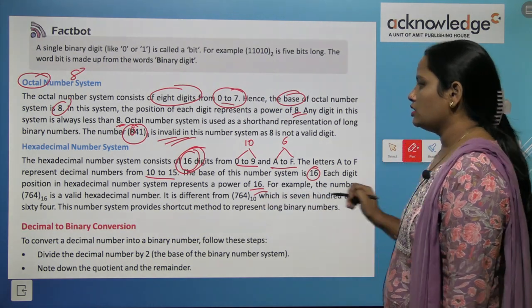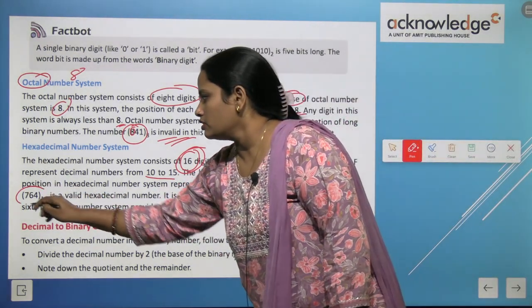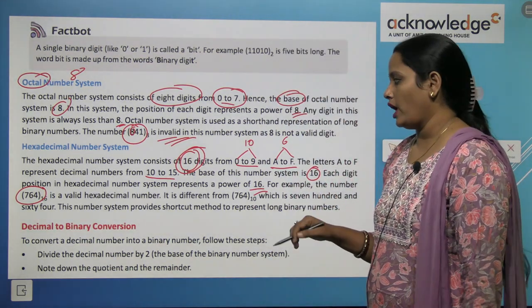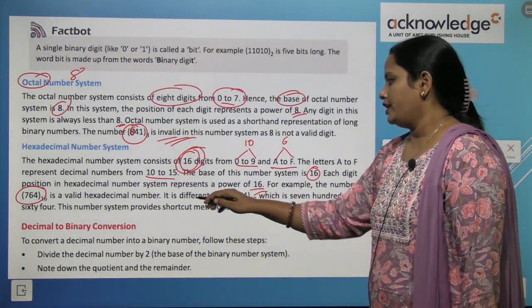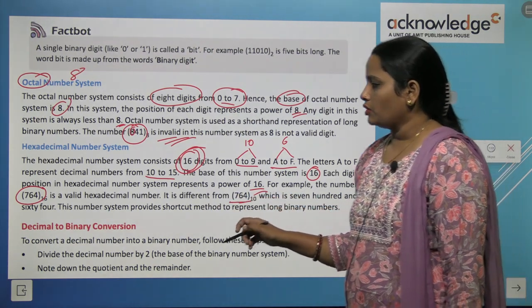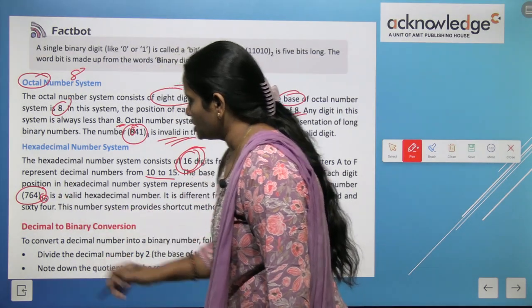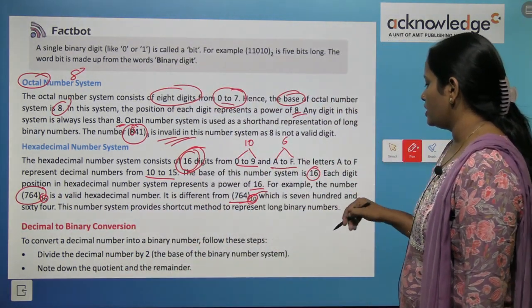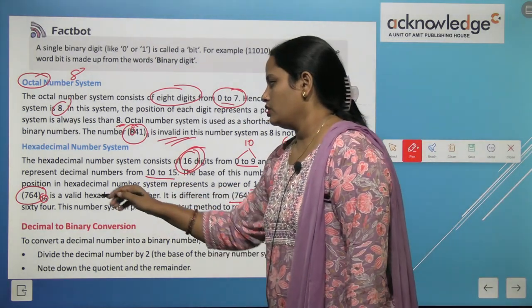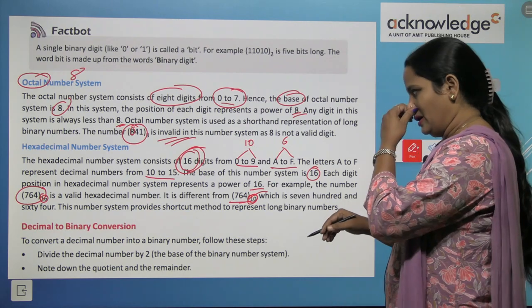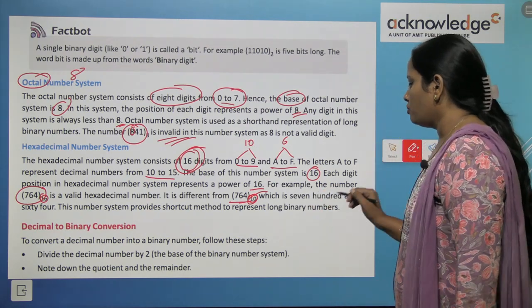For example, the number given here is a valid hexadecimal number. Why? We can see it is different from this, because here the power is 16, but here the power is 10, which is 764. This number system provides a shortcut method to represent long binary numbers.